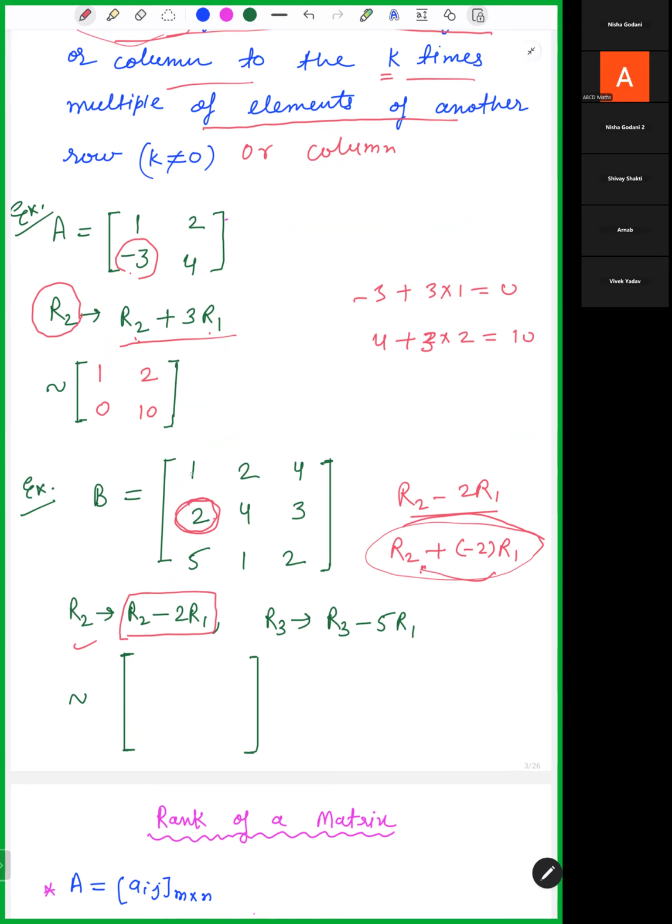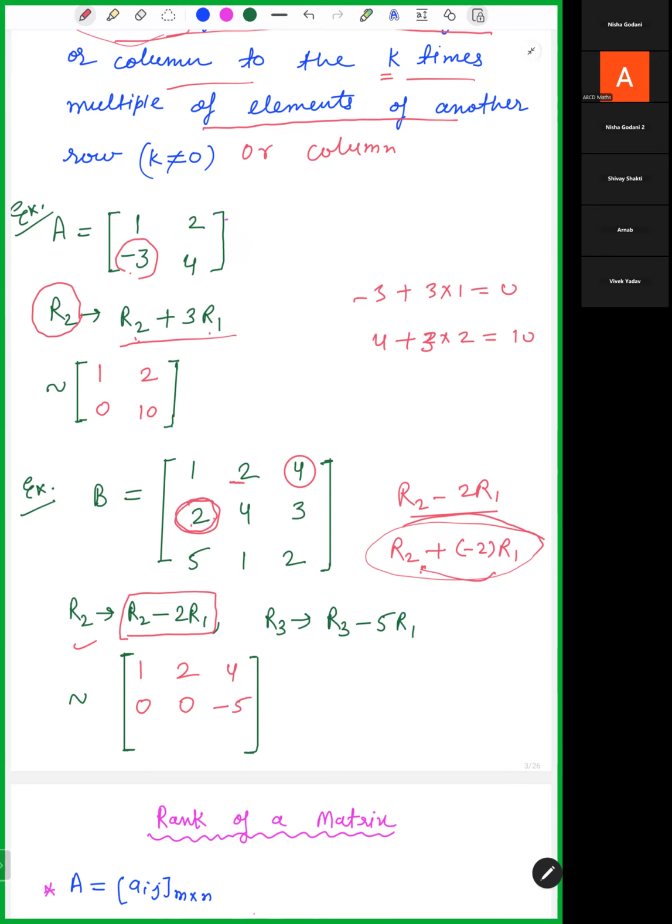Minus 2 plus 2 is 0. First write the first row as it is. Then here you have 0. Now minus 2 into 2 is minus 4, and minus 4 plus 4 is 0. Then minus 2 into 4 is minus 8, and minus 8 plus 3 is minus 5.